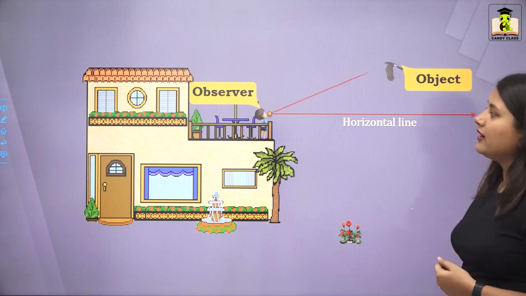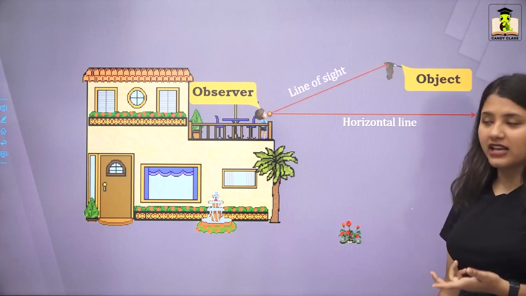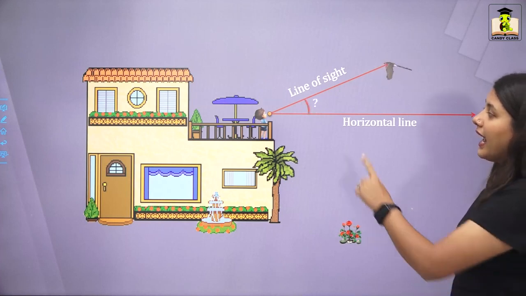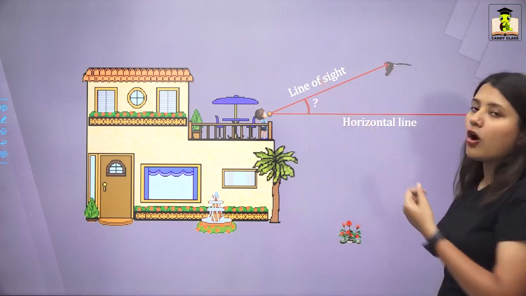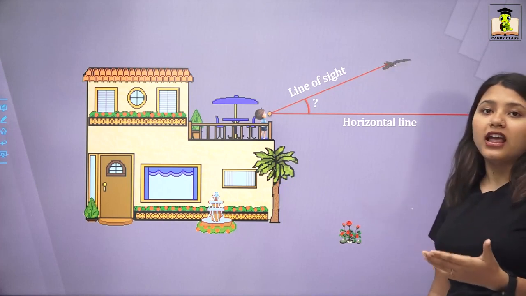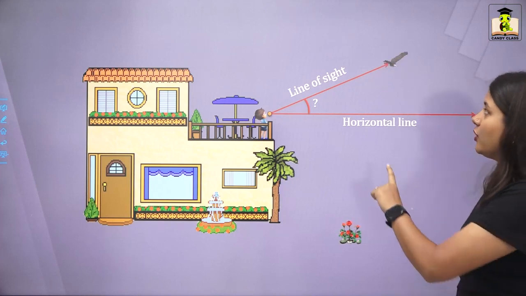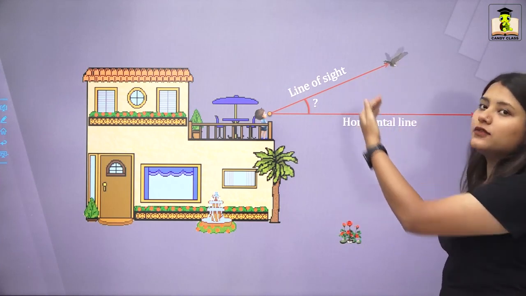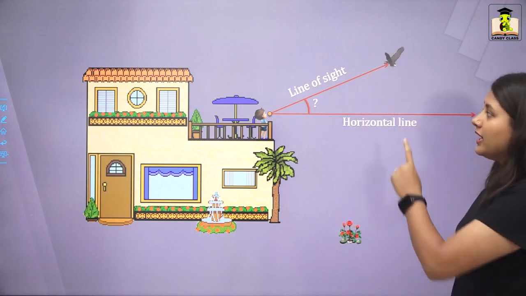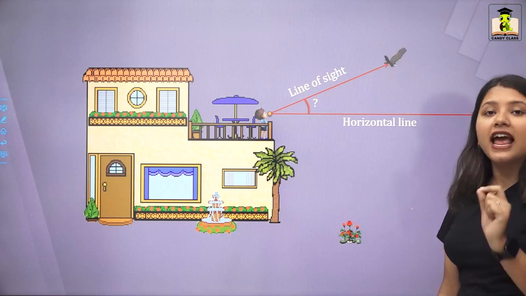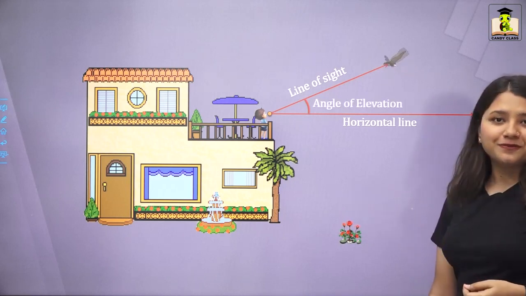And the line between them is known as line of sight. And the angle between the line of sight and the horizontal line is known as what? Angle of elevation or angle of depression? In this case, we know that the object is above the horizontal line. So, this angle is angle of elevation.